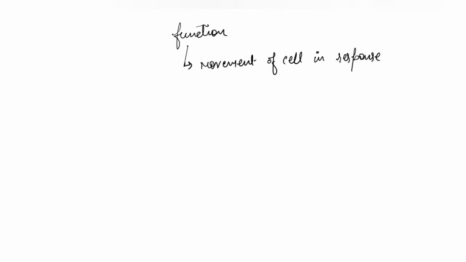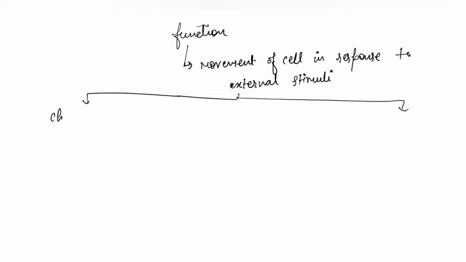Now we will study the function of the flagella. As I have already told you, they help in the movement of the cell. This movement happens in response to a certain stimulus or an external signal. It can be chemical, or it can be a light stimulus.